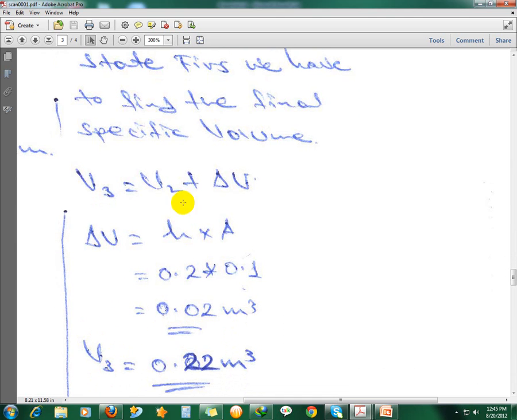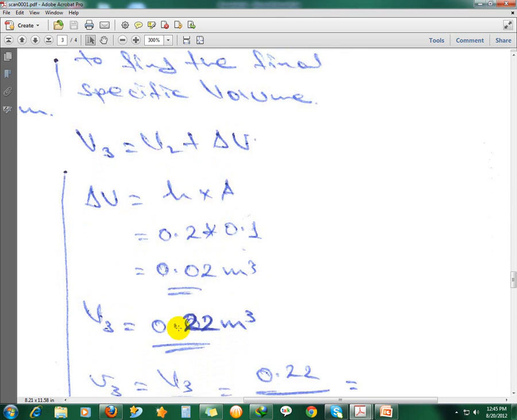So V3 is equal to V2 plus the additional volume. V2 is 0.2 meter cube, and the additional volume is 0.02. Then V3 is equal to 0.22 meter cube.